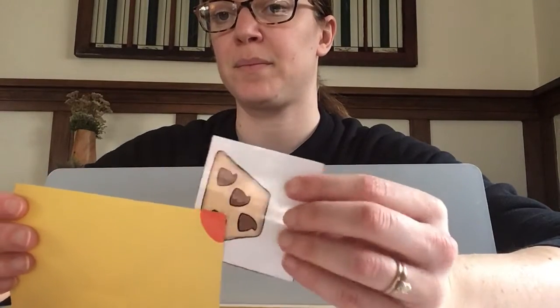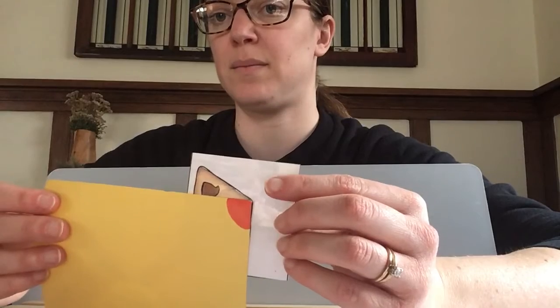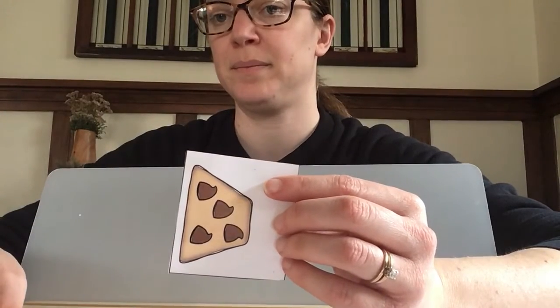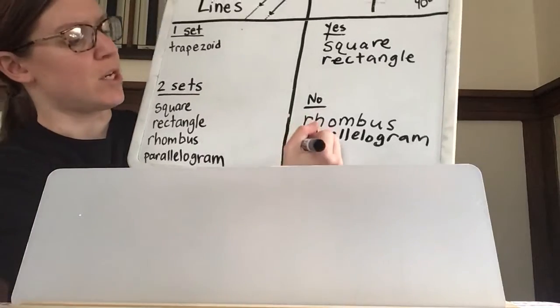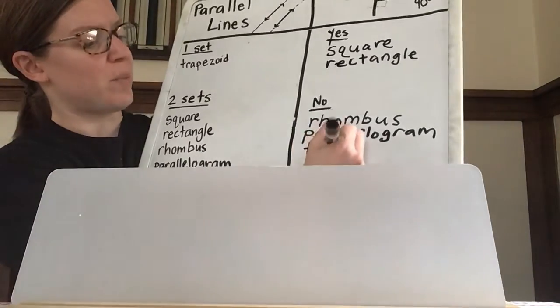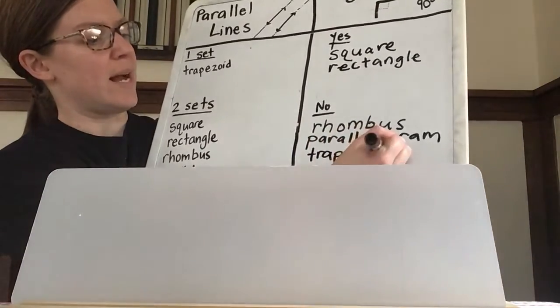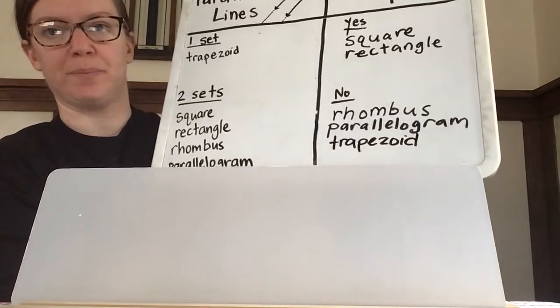Too big. Too big. Okay. All right. So to our list of whether or not the quadrilateral has right angles, we will say no. That trapezoid did not have all right angles.